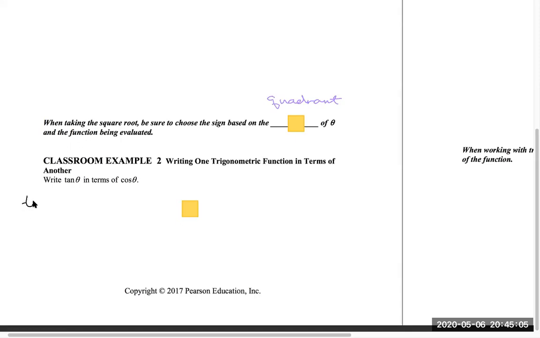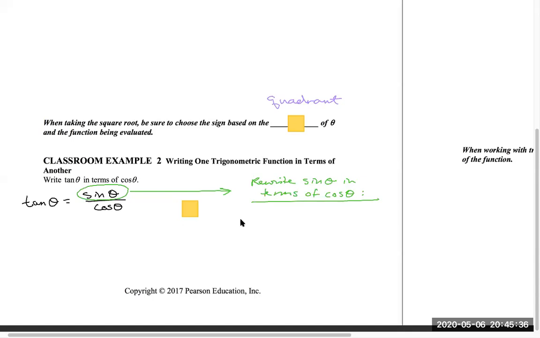So remember that tangent theta is sine theta over cosine theta. Now we want all cosine terms, right? So we need to get rid of sine theta. And in order to do that, we must rewrite sine theta in terms of cosine theta.